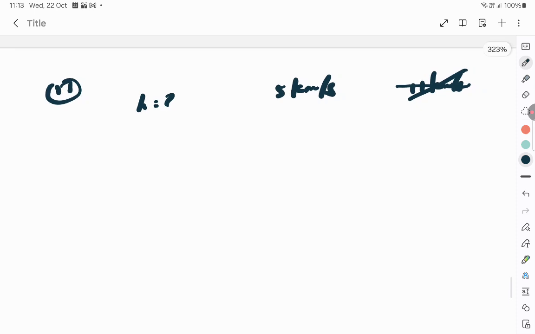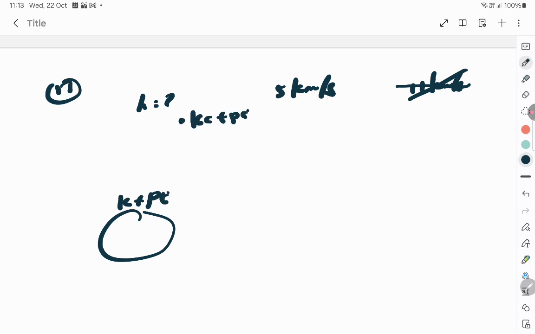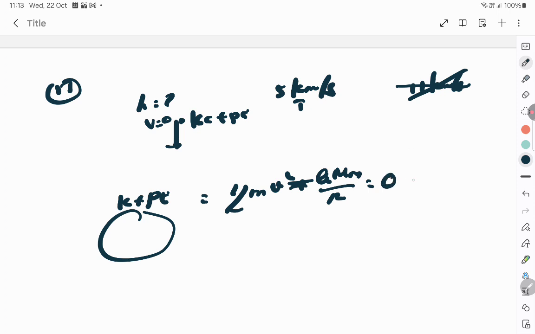What you have to do is take the kinetic energy plus potential energy on the surface equal to kinetic energy plus potential energy at a particular height. Kinetic energy on the surface is half m v square, plus potential energy on the surface, which is minus G capital M small m by capital R, is equal to the kinetic energy plus potential energy at the top. At the topmost point, there's no kinetic energy, only potential energy, because it's going to come down, which shows the velocity at the top is 0. So kinetic energy is 0.